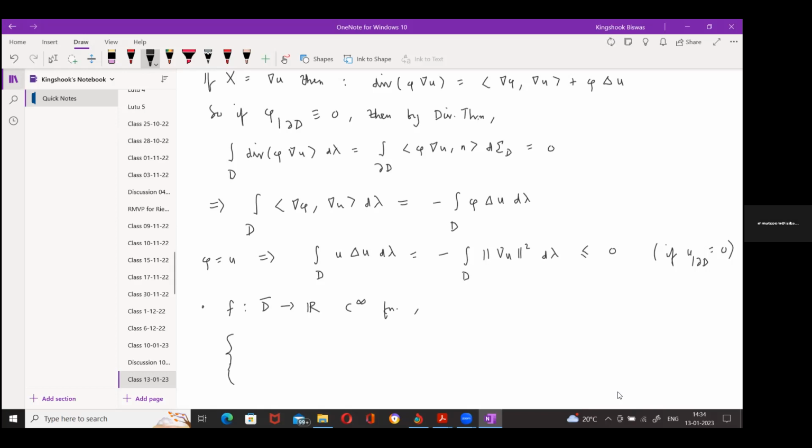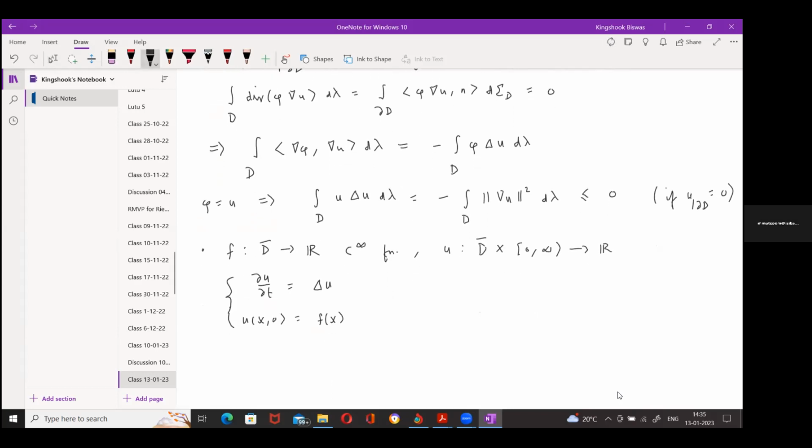That will be a function u from D closure cross 0 to infinity to R, a smooth function such that del u del t is equal to the Laplacian of u, and u of x comma 0 is f of x. This is for all x in the domain D.